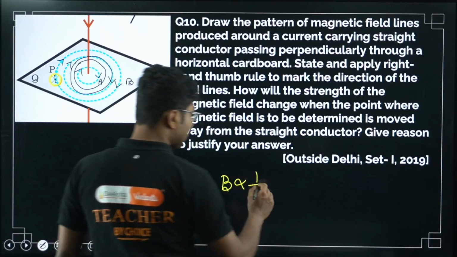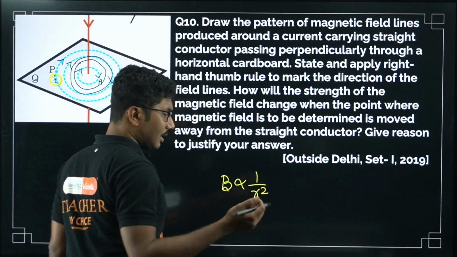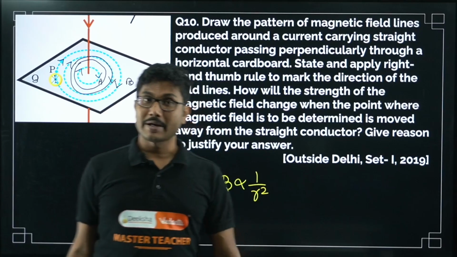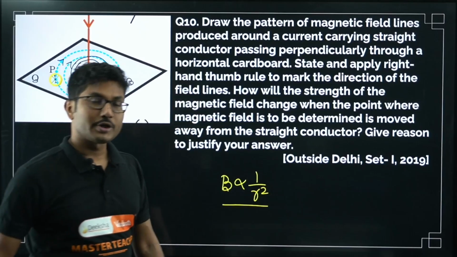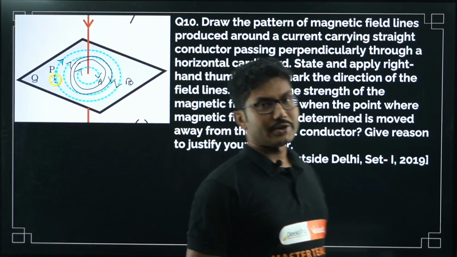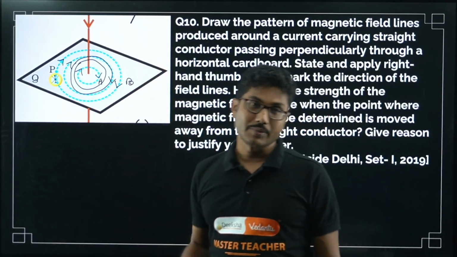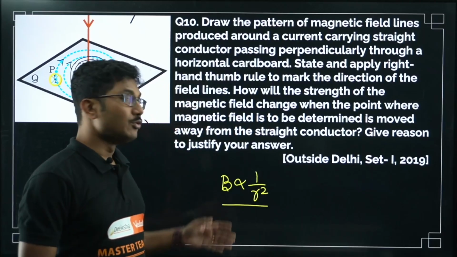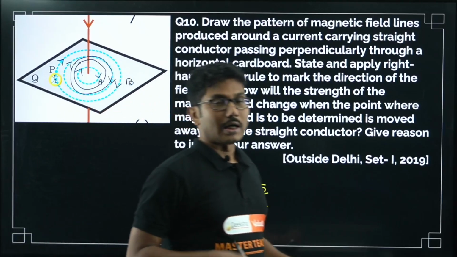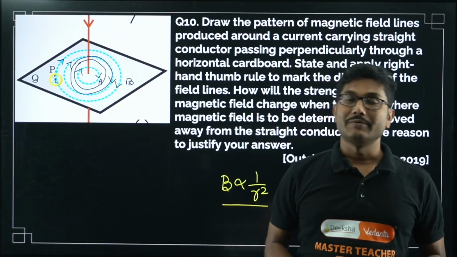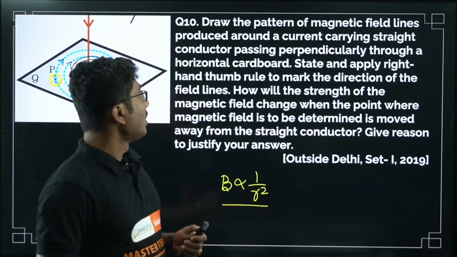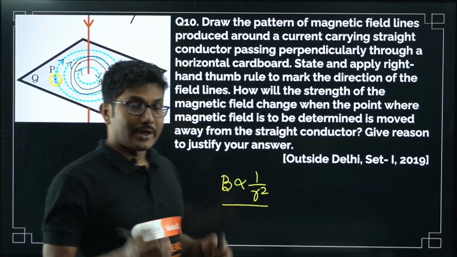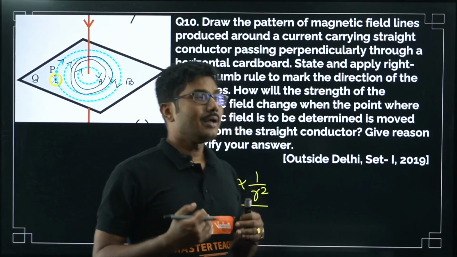Because they have not mentioned anything else, how do you know this, it does not matter, but you have to know that the magnetic field is inversely proportional to the square of the distance from the center of the wire. That's why as you move away from the current carrying wire, the magnetic field will slowly decrease. Okay, clear? Now if you have any doubt, don't forget to mention that in the comment below.